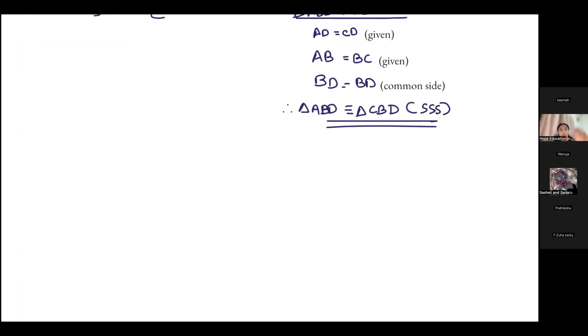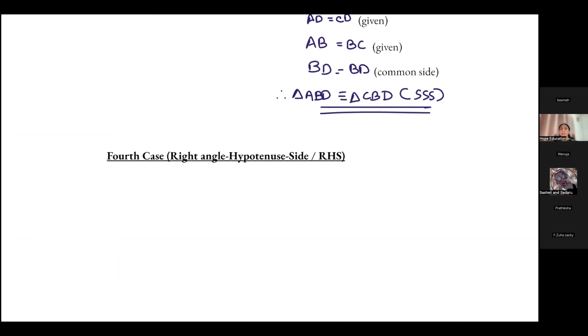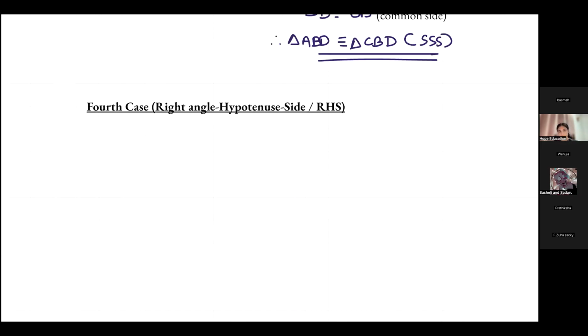Okay, put the topic. Fourth case. Right angle hypotenuse side, RHS.